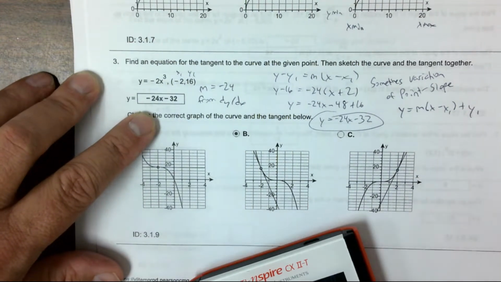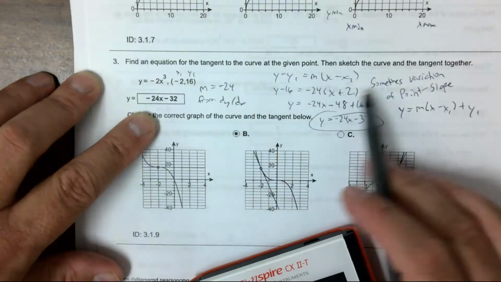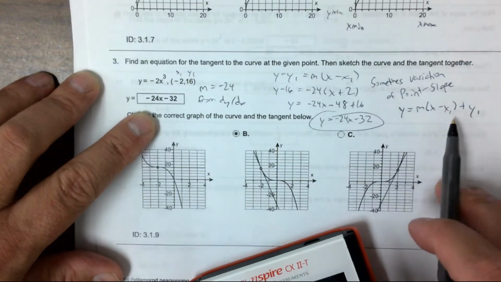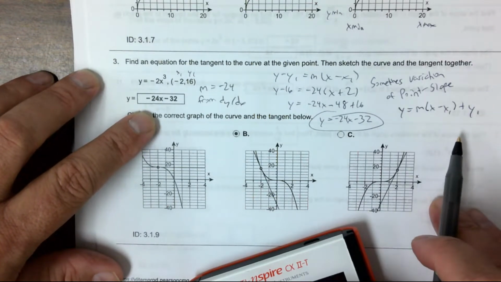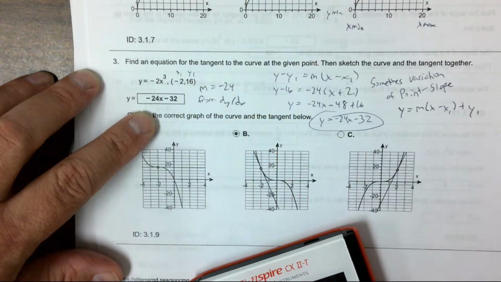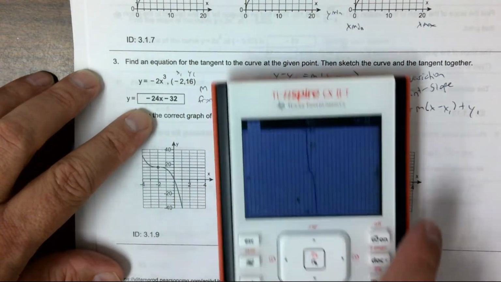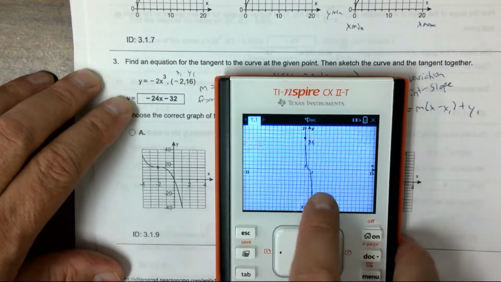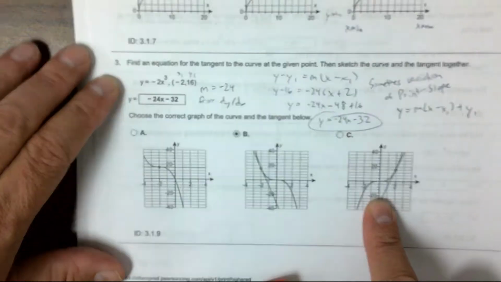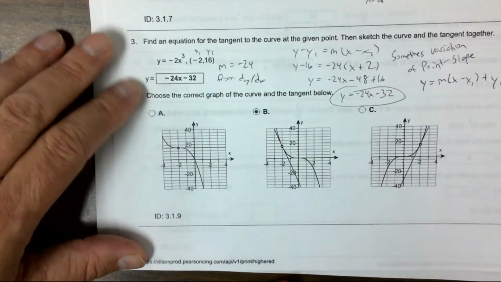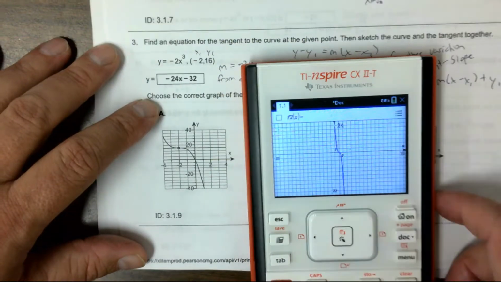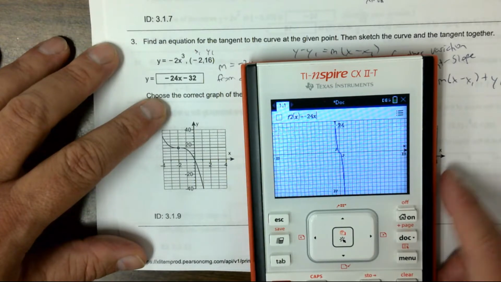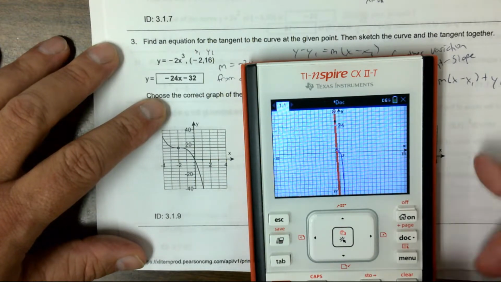So it's like just moving this one over, which is like okay, it's just solving for y. And then the curve is like decreasing basically, so it can't be that one. And if we put in our -24x minus 32, there it is.